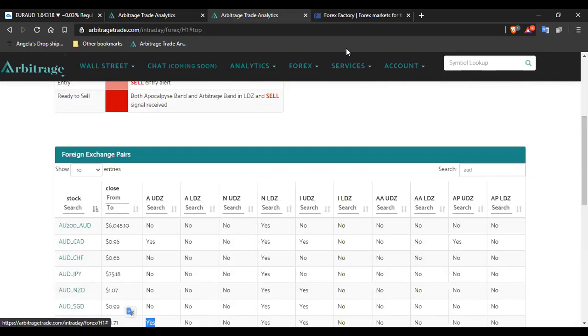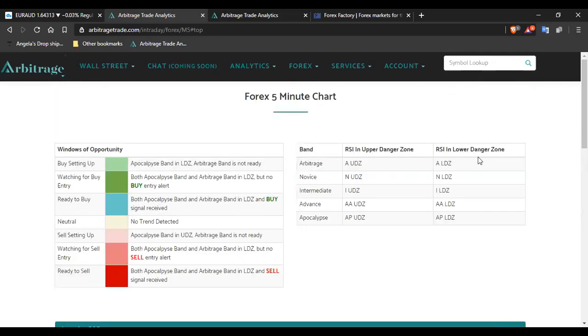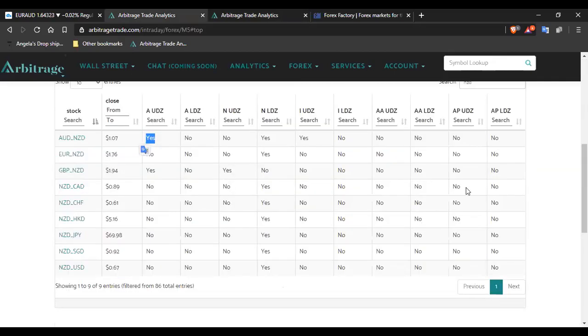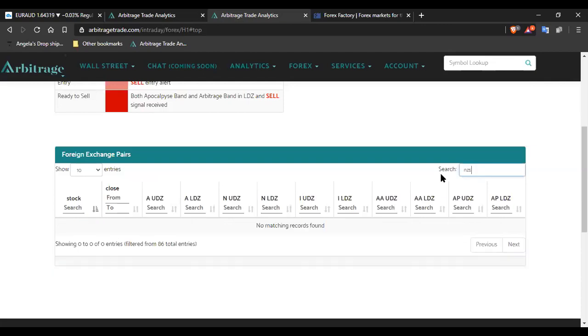And last but not least, let's go on to NZD pairs. AUDNZD is at the upper danger zone. So, oh, this is on the 5-minute chart, no? Yeah, so I'm going over here, nothing over there. And likewise, NZD.